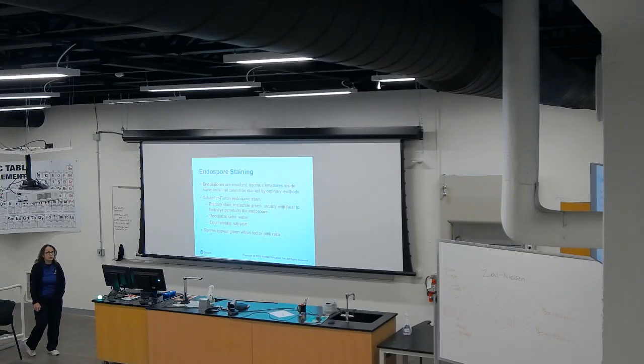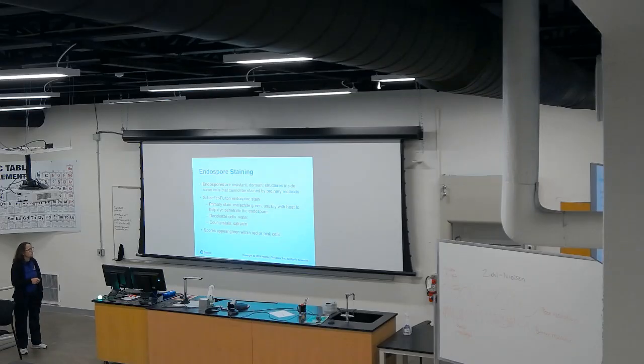Okay, now for endospores. In endospore staining, you use the Schaeffer-Fulton endospore staining technique, which uses a primary stain called malachite green. Just as for the acid-fast stain, you will have your sample on top of a metal grid, and in the bottom of the metal grid, you will have vaporizing water for 5 minutes.